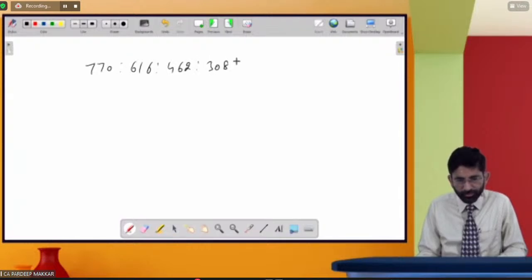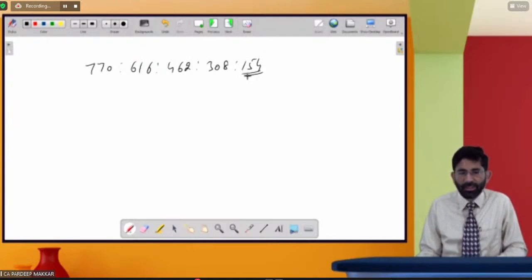The common factor is 154 in all these, if you check. So I have taken it as 1, then 308 divided by 154 is 2, 462 divided by 154 is 3, 616 divided by 154 is 4, 770 divided by 154 is 5.